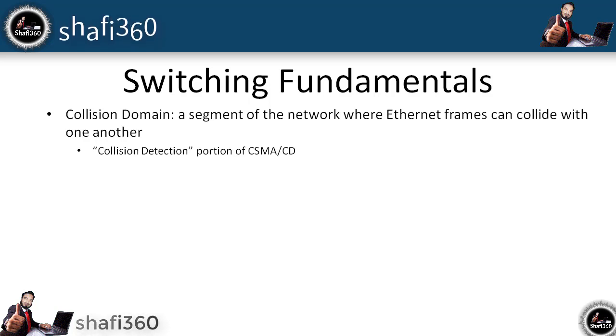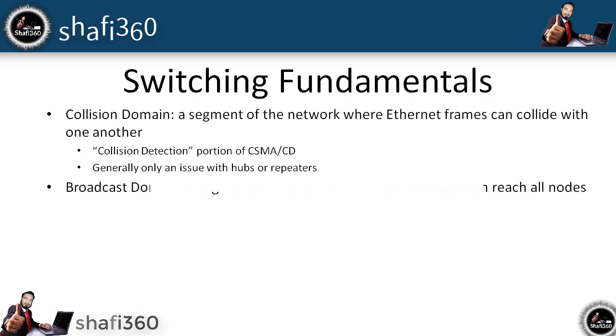You remember carrier sense, multiple access collision detection. The collision domain is where that collision detection algorithm works. Collision domains are only an issue with hubs or repeaters. If you have a switch and the switch knows where the frame is supposed to go, then only one workstation will talk on that particular port at a given time, and therefore you don't have any collisions.